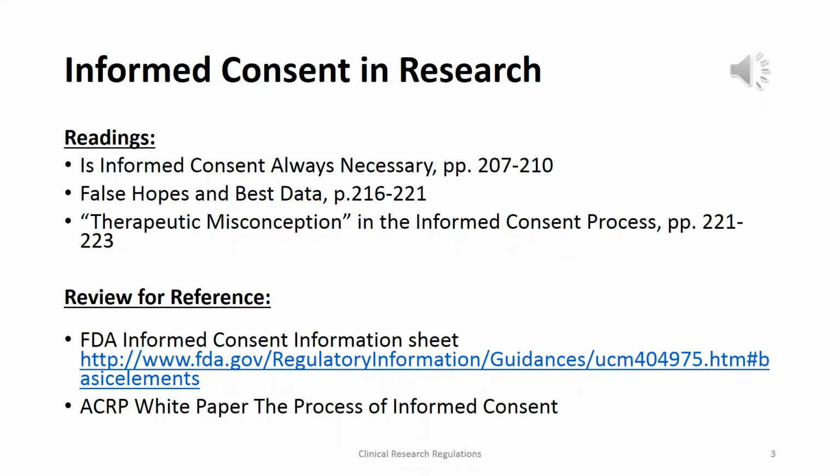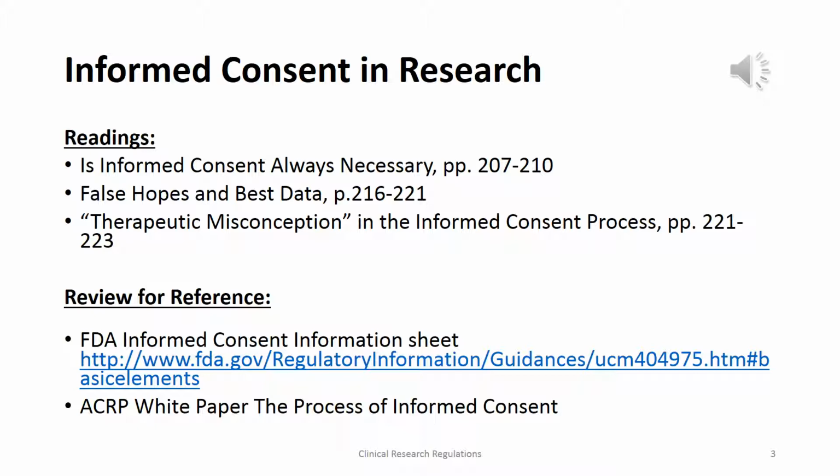For your readings for this week, we're going to read Is Informed Consent Always Necessary? That'll be on page 207 in your textbook. And then the author in this document discusses some ways in which informed consent may not be necessary. There are actually research projects where it is not necessary, but there are very few of those.